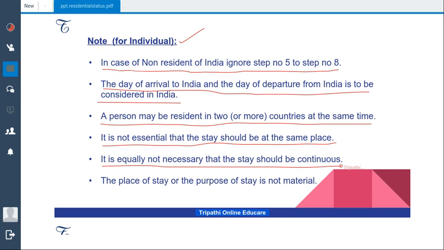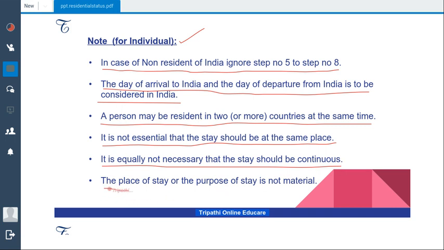Let's say, suppose if you're coming in the month of April, then again go back to your country in the month of May. Again come back to India in the month of June. Again go back to your country in July. You can take a break, but total number of days in India should be 182 days. Or if you're going for second basic condition, it should be 60 days.